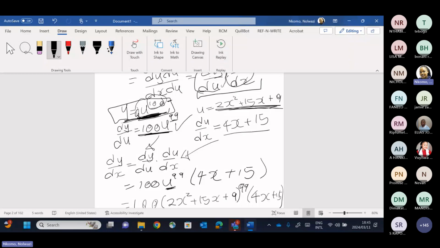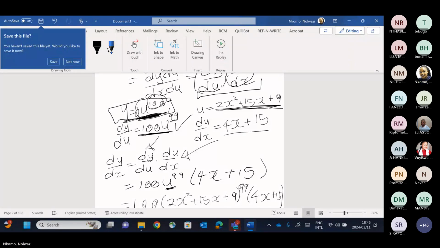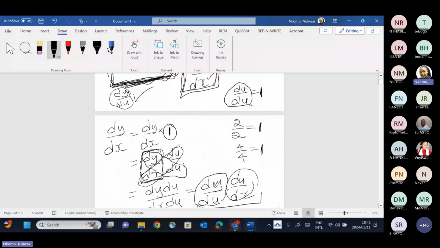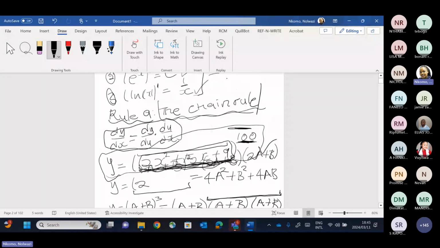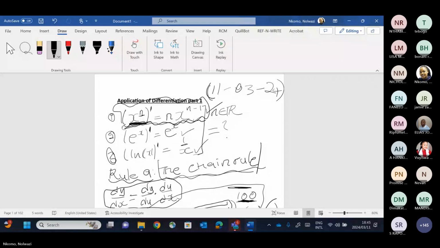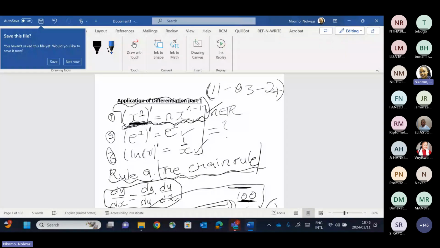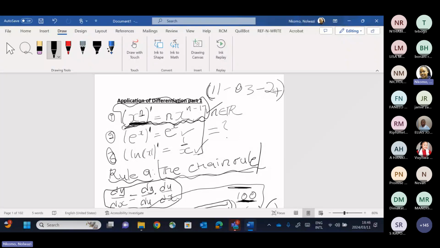Is it fine? I wanted to find y equals u to the power 100. Is that one a given, or how did we find it? I introduced the new variable u because I wanted to use this rule, and that's why I had to make the function we were given to be in this form.